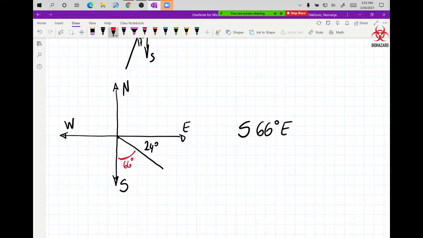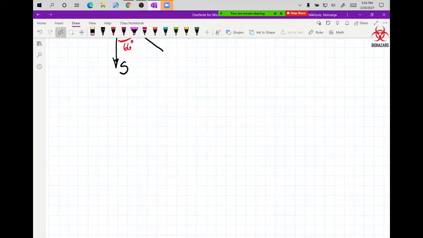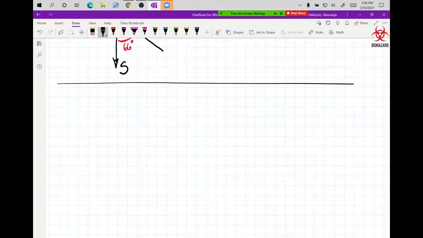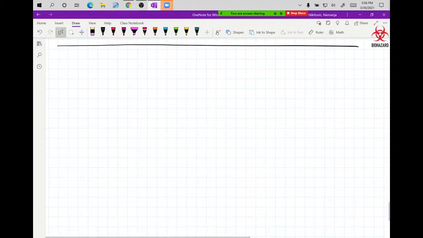So south, 66 east. Good, good, good. So now that we are able to work that out, we can figure out problems that have motion. Now, you're technically working with vectors without me telling you you're working with vectors.